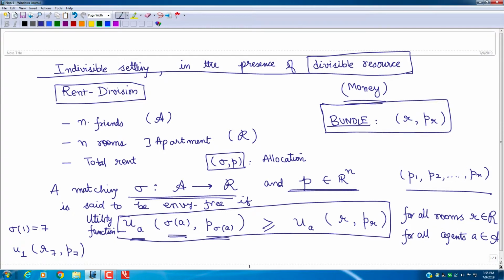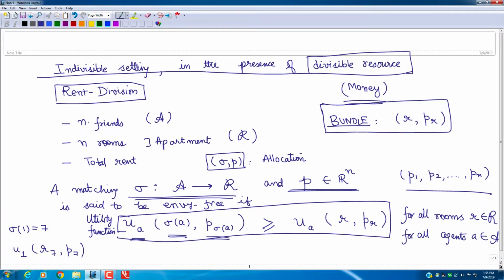So is the setup clear? I defined it in a roundabout manner, so let me go through it again. Currently an allocation or a solution would be defined by a tuple sigma comma P. The first entry sigma represents a matching, which basically assigns every agent to a particular room, and the second entry, the price vector P, resides in the Euclidean R^n domain.